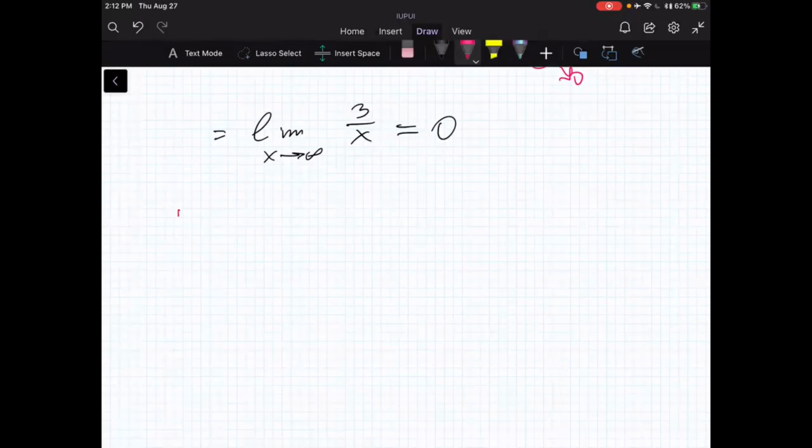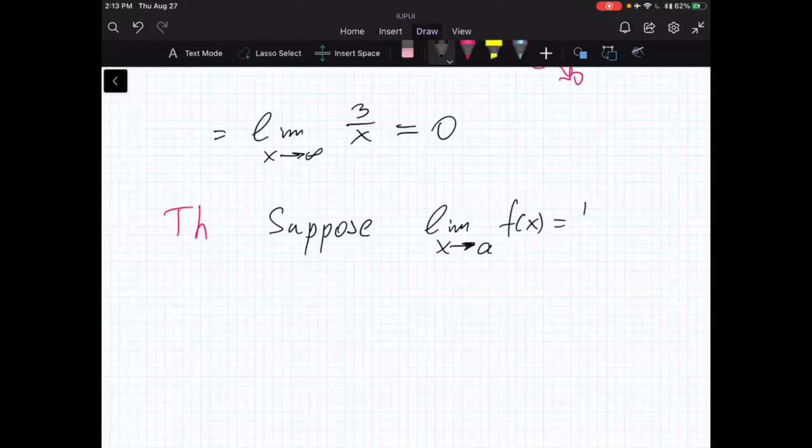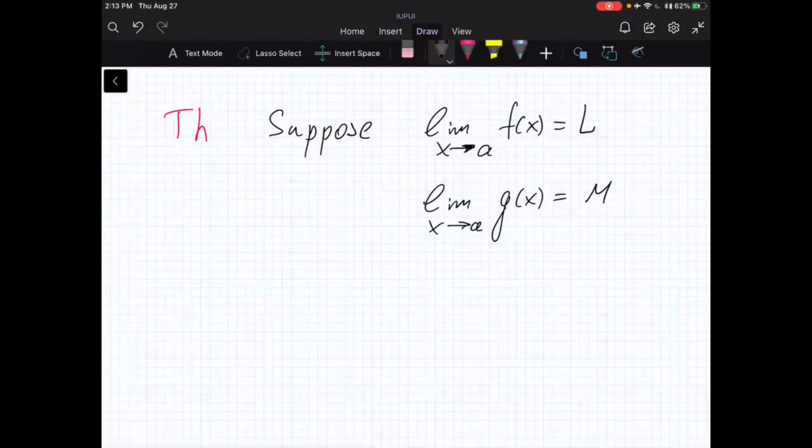And here's a very helpful theorem that says that suppose you have two functions. And suppose that the limit of the first function when x approaches a is L, while the limit of the second function is M. Then you can say what is the limit of the difference and of their sum.